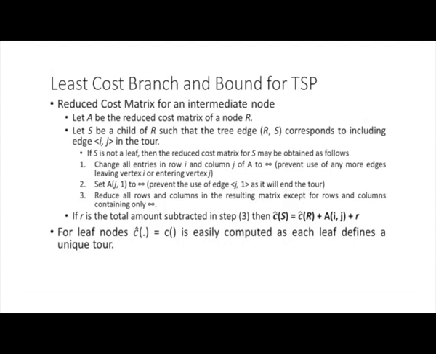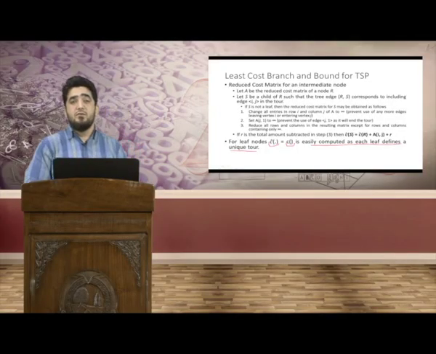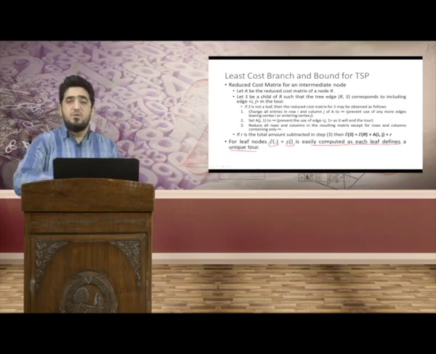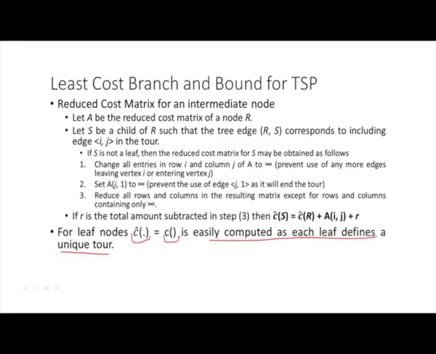However, for leaf nodes, the C cap value will be equal to the actual cost, and it is easily computed as each leaf defines a unique tour. So as soon as we reach a leaf node, how do we identify that? We have visited all the vertices, and we just need to end our tour by visiting back vertex number 1.